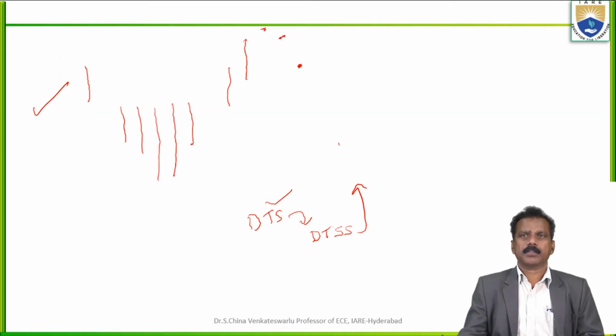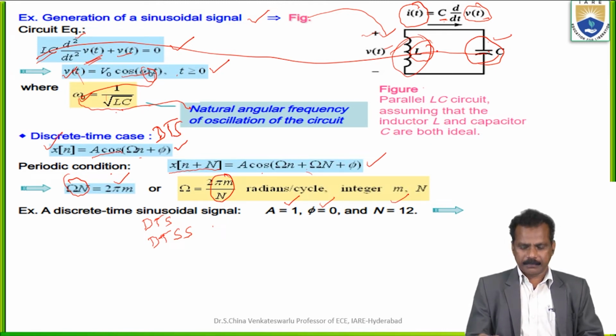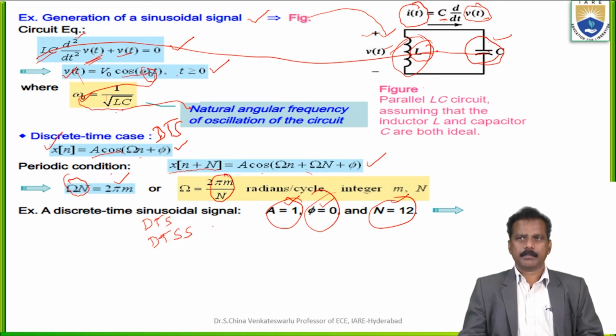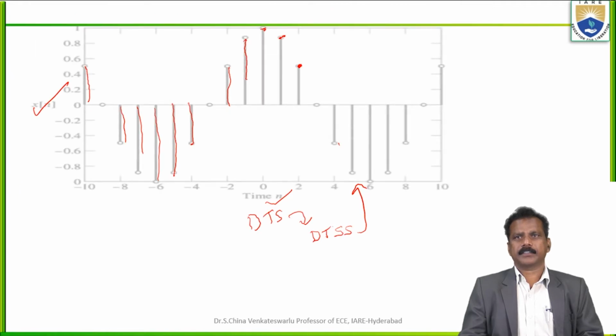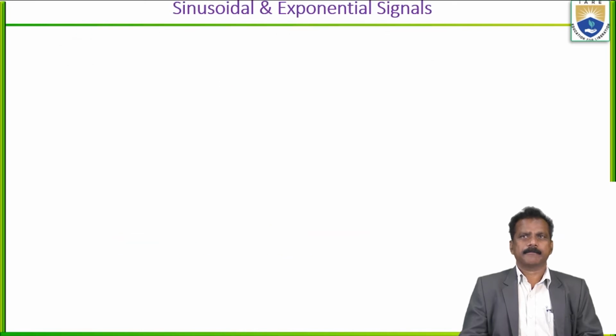Based on this notation, the user can specify A equal to 1, pi equal to 0, capital N equal to 12. Then we verify the graphical representation, the figure like this, which is the discrete time sinusoidal signal.